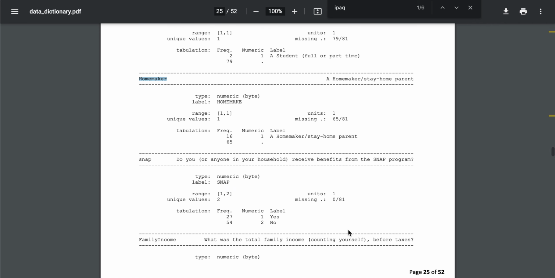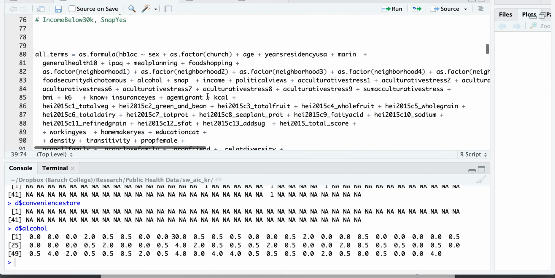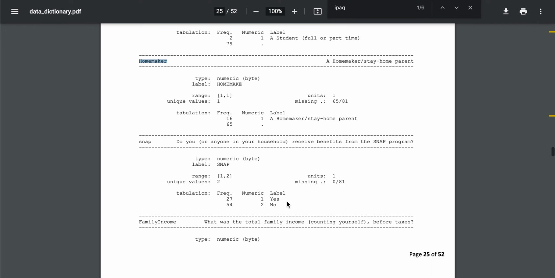Let me get to SNAP, which we include because there's no missing values, and it's a yes and no. It's categorical, we treat it as numerical because it's binary.